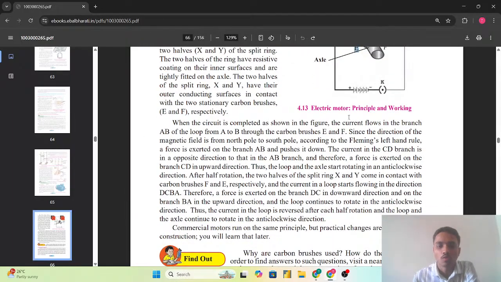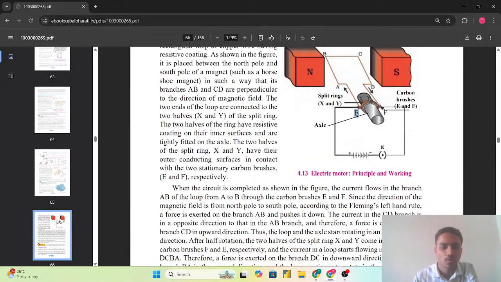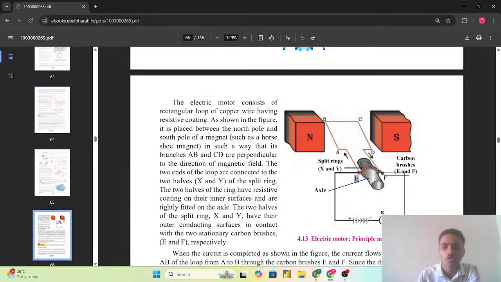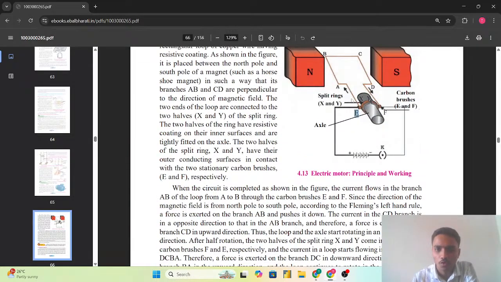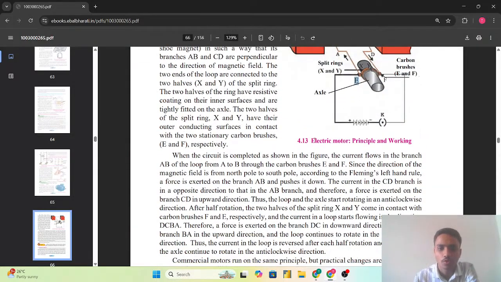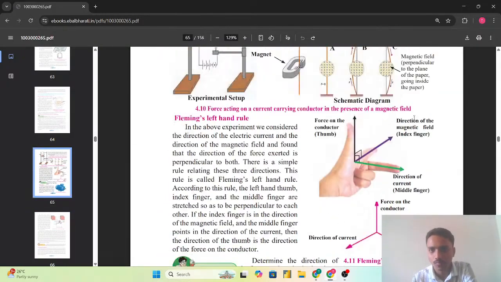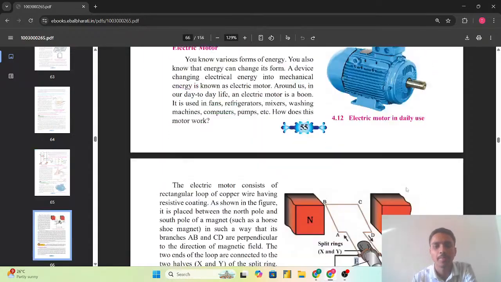So, how does this electric motor principle work? When the circuit is completed as shown in the figure, the current flows in the branch AB of the loop from A to B through the carbon brushes E and F. As the current flows from A to B, the direction of the current is denoted here with the middle finger.